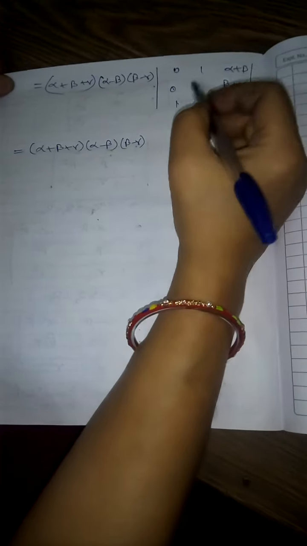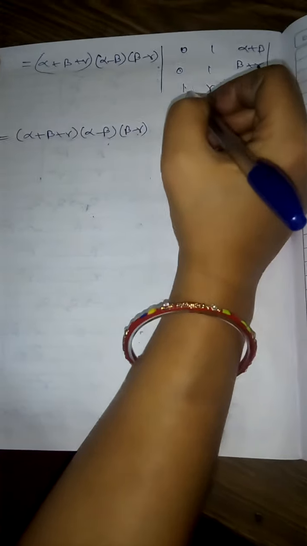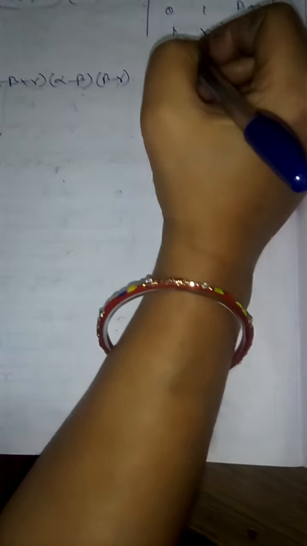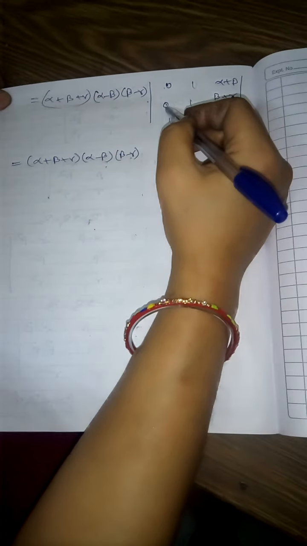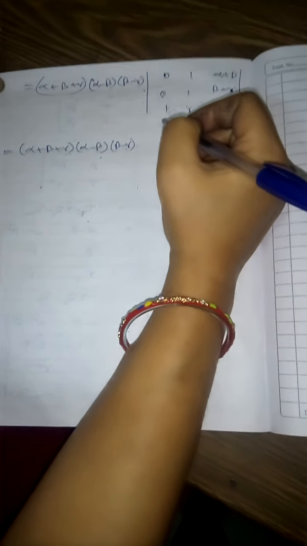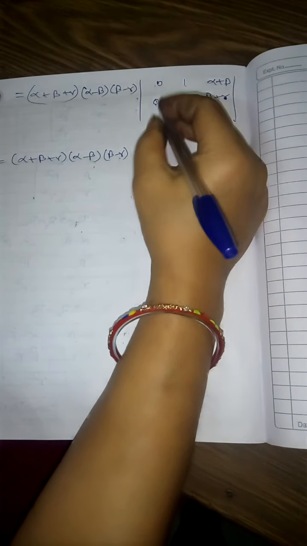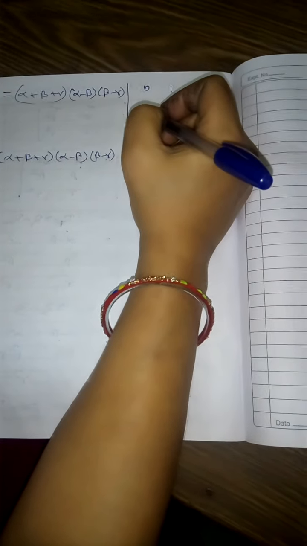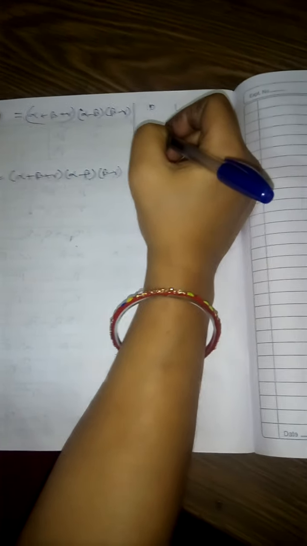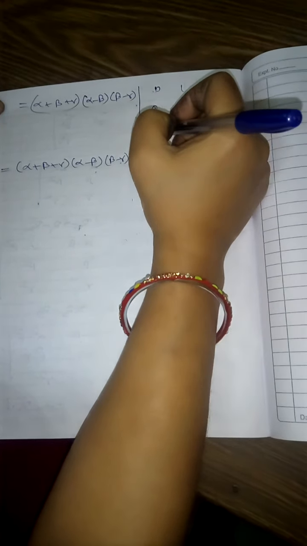Now we will expand this determinant. These terms, alpha minus beta into beta minus gamma, are as they are. We expand along this column, leaving this row and column. By the signs a11 plus, a21 negative, a31 positive.